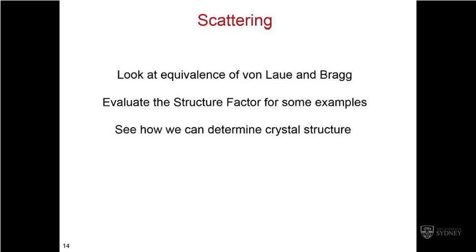They look different, but what we're going to do is show that they are actually the same. We are going to evaluate the structure factor for some examples, okay, and see how we can determine the crystal structure of one unknown material.